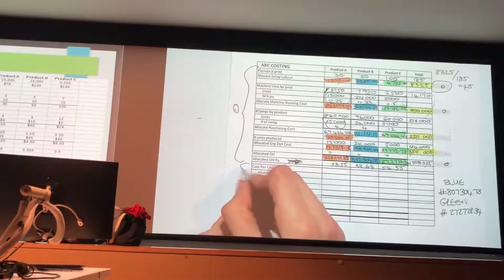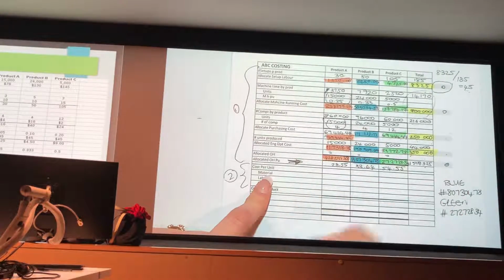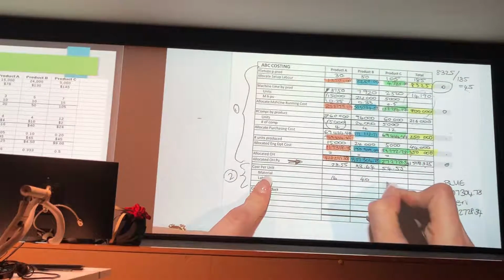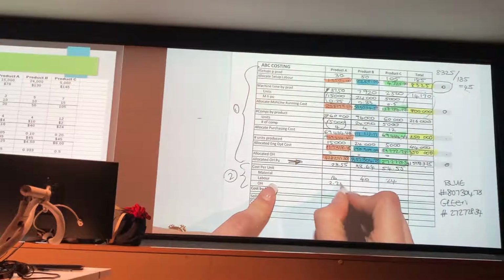Then step 2, similar to our other one, is our cost per unit. We put in our material that's been given to us from even the previous example. We have our labor, again it's been given to us. We just transfer it.